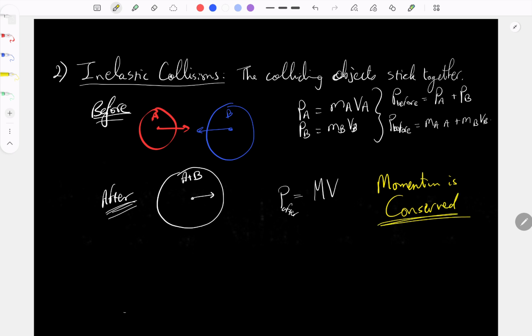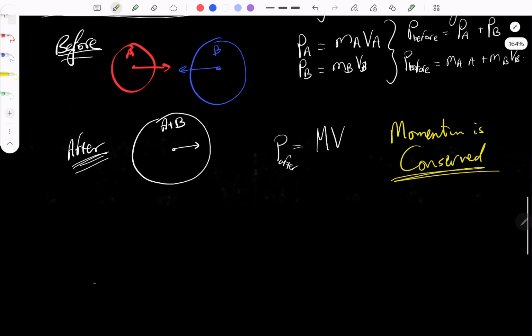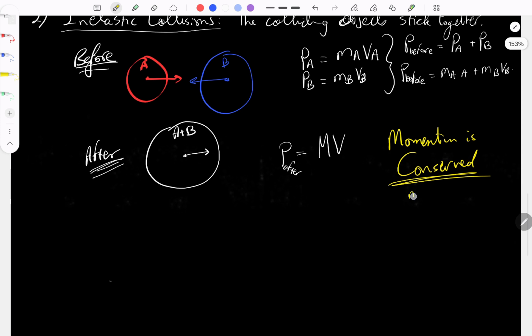And what does this mean? It means, as we have done before, remember when we said mv equals mv? This is because the momentum before the collision is equal to the momentum after. Now here, it's the same thing. The momentum before is equal to the momentum after the collision.